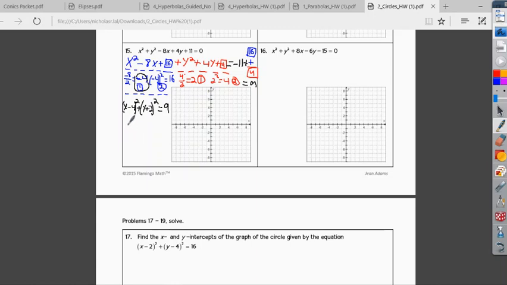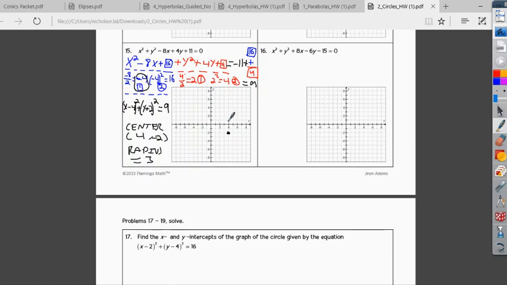So you have a center at 4, negative 2, and a radius of 3. So you have center x minus 4. So that's going to be center at positive 4, negative 2, and a radius of 3.